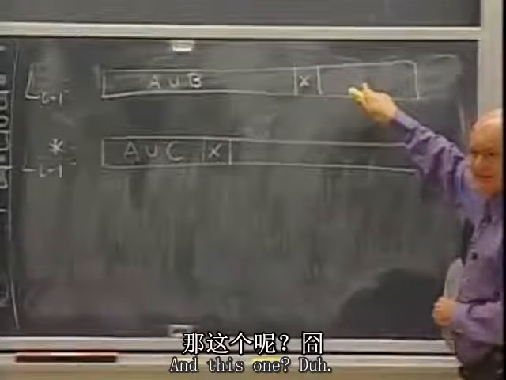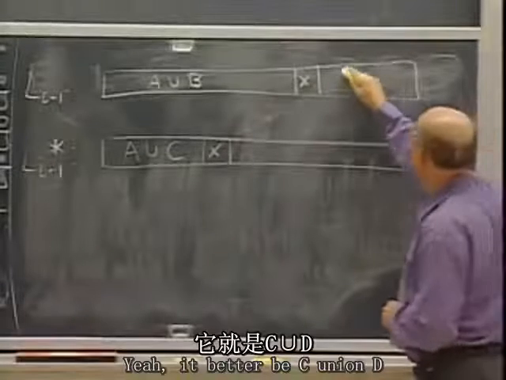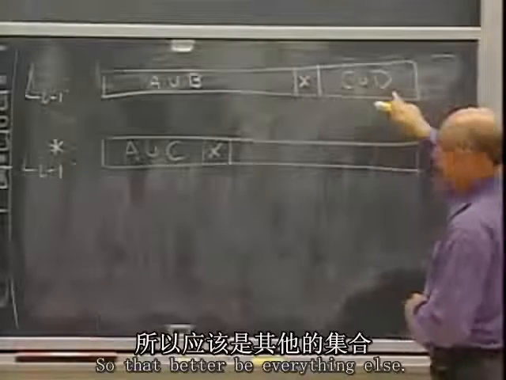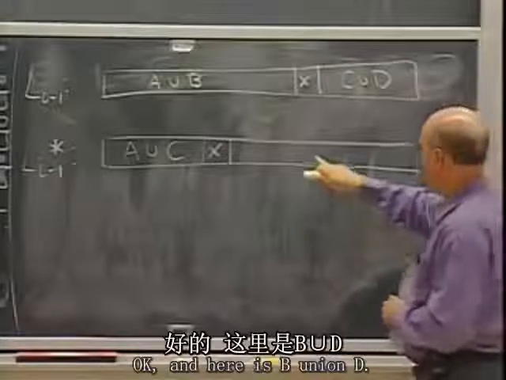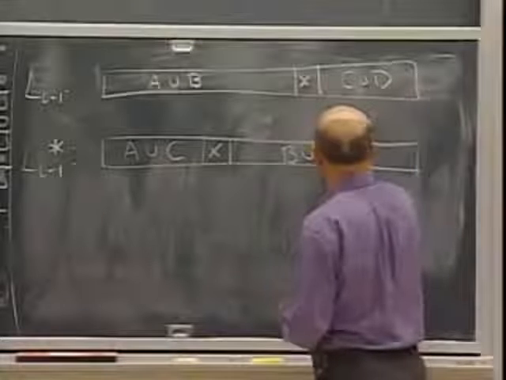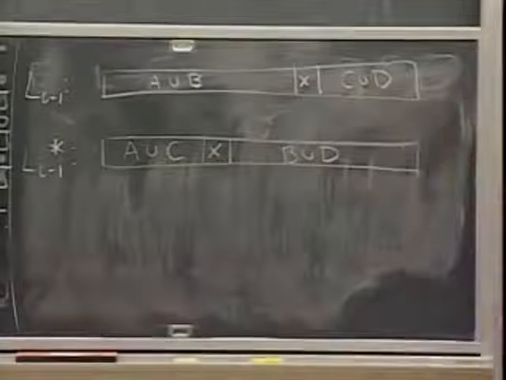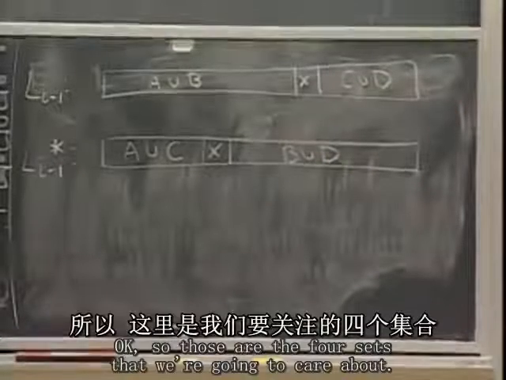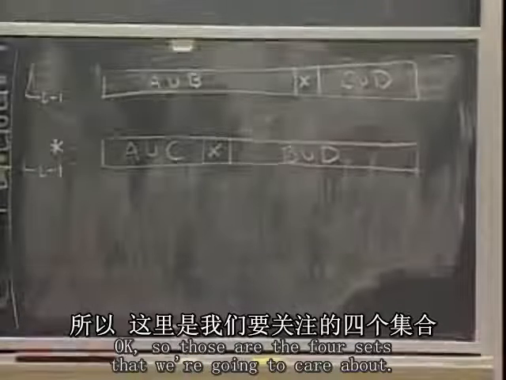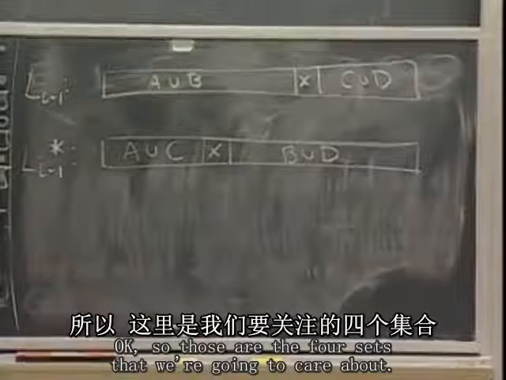C better be C union D, because I've got A union B over there, and I've got X, so that better be everything else. And here is B union D. So those are the four sets that we're going to care about.